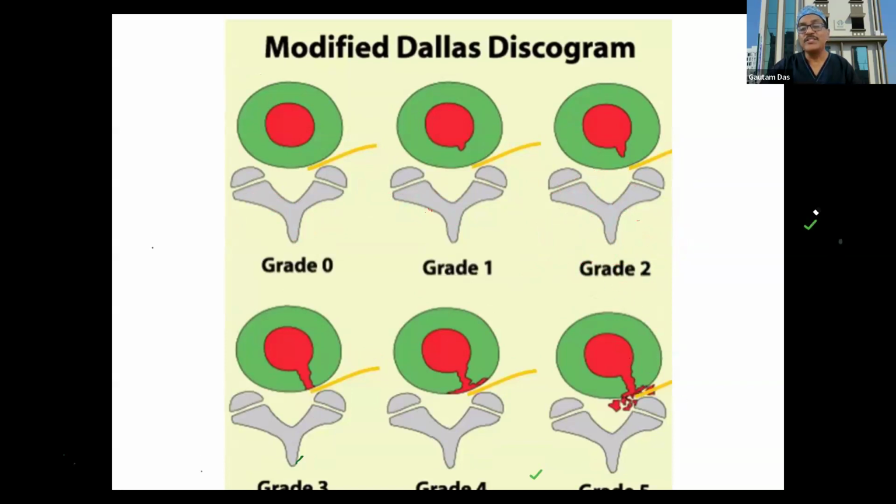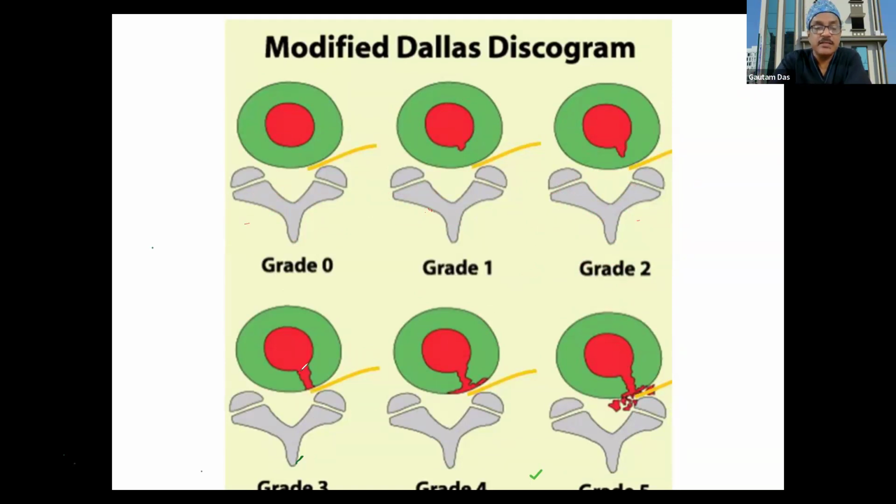Okay, now this is the Dallas classification of disc degeneration. Grade 0 means it is normal. Grade 1, the nucleus pulposus has leaked only into the inner third. Grade 2, it is coming up to the middle third.